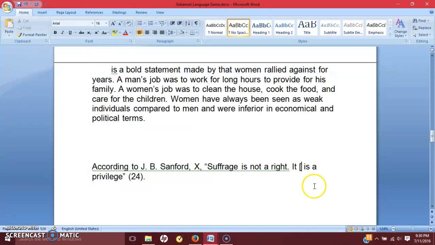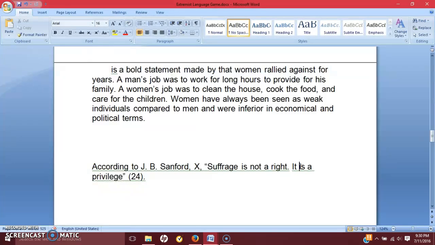So the it stands for obviously suffrage, but if you want to be super clear in your paper, if you're adding information, you put it in brackets, okay? Not parentheses, brackets. This signals to the reader, hey, me as an author, I have added this information to this quote, okay? Let's say that we want to omit information, take it out.